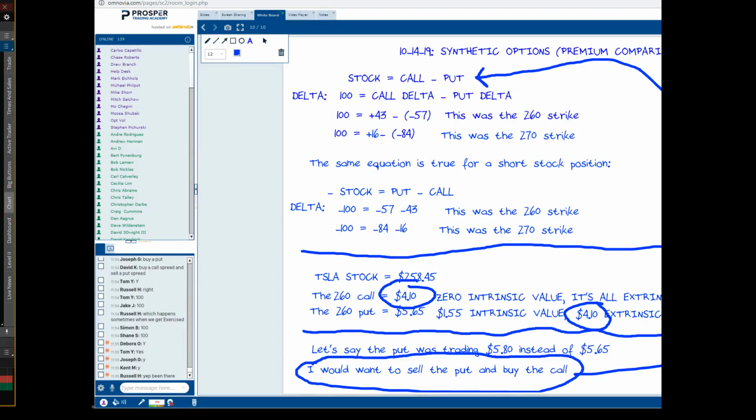Okay, now the question becomes, I know I have to sell stock to hedge my deltas. What price do I have to sell the stock to lock in this 15 cents of arbitrage? Well, Tom and Deborah, that would work, but I'd be locking in a lot more.